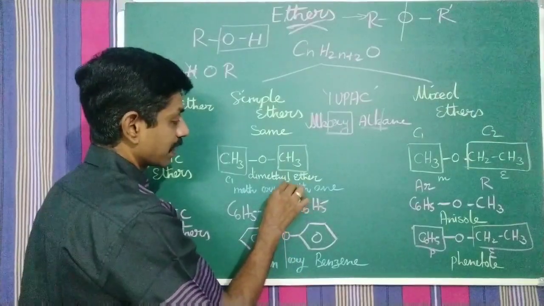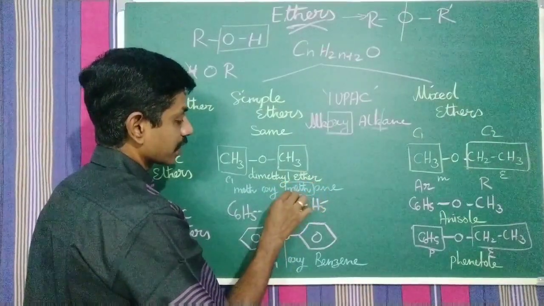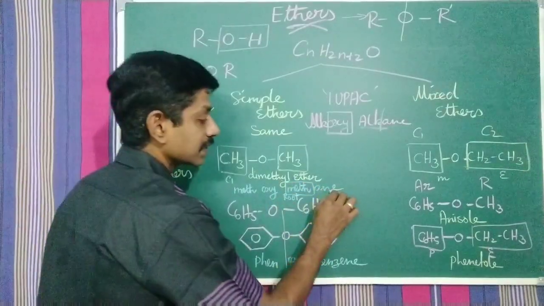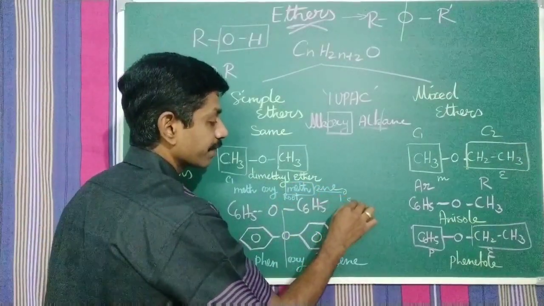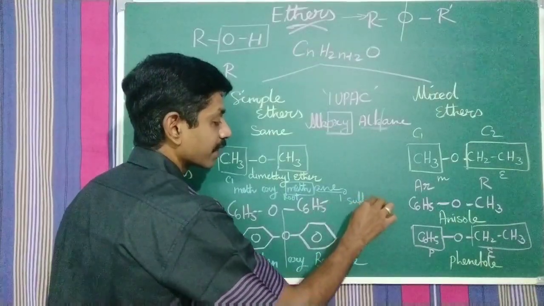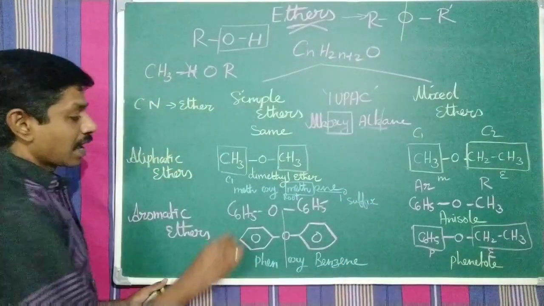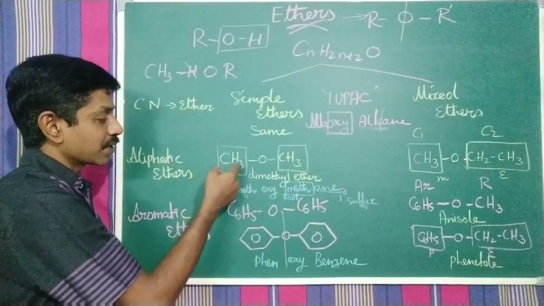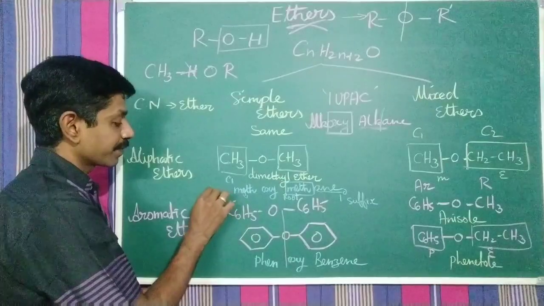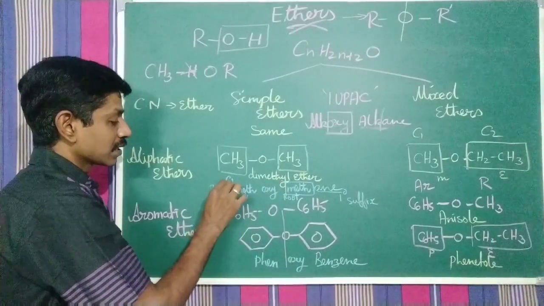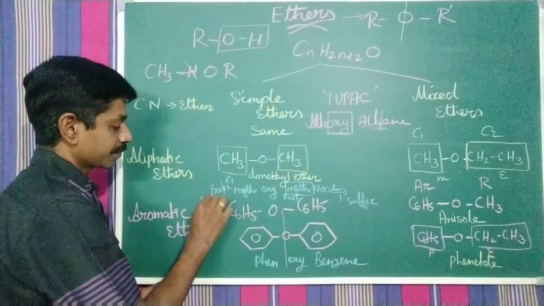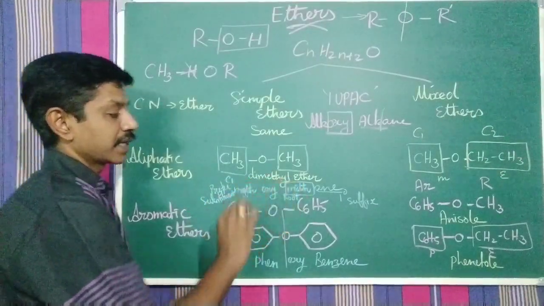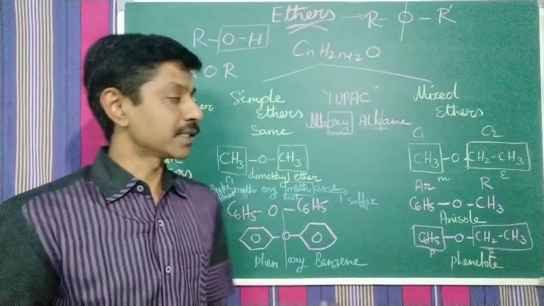Actually, in this place, this is referred to as a root word, and this is a primary suffix we learned in the basics of IUPAC naming, and this meth is the group which is used as a substituent. So it is a prefix and also a substituent. So that's how they give the name for ethers.